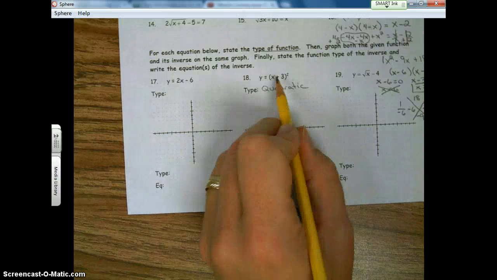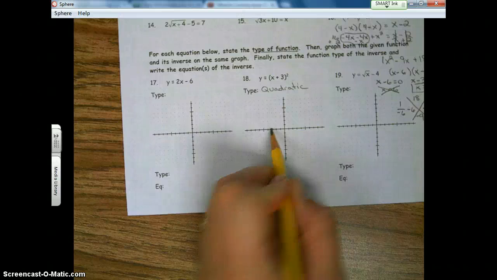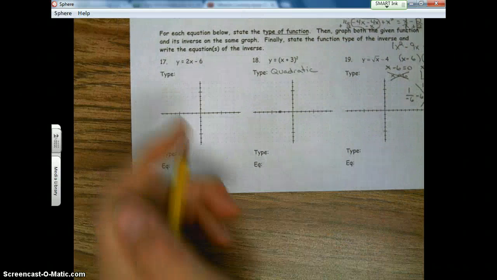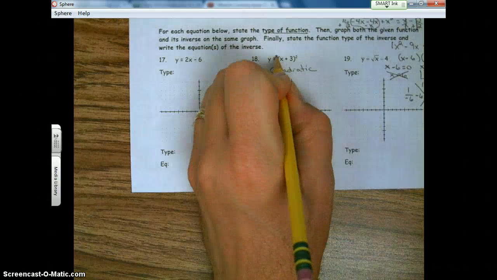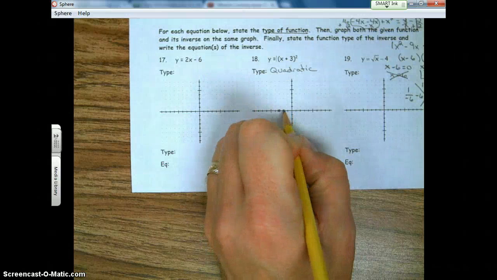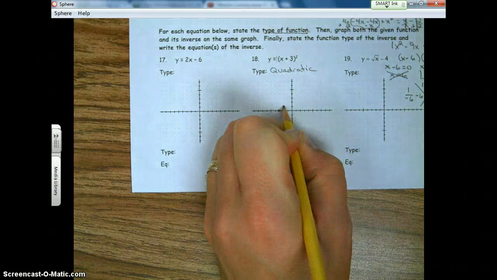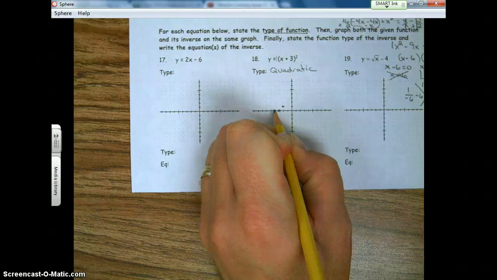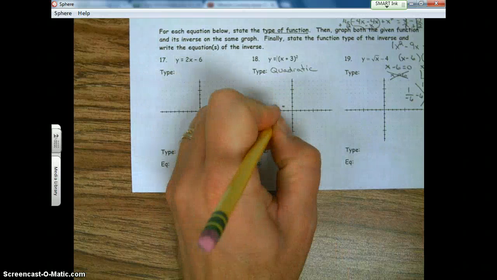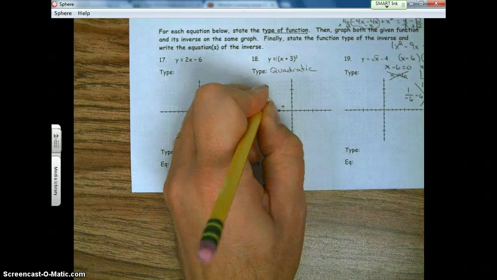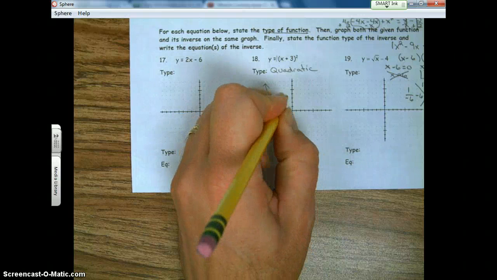So since it's quadratic, we'll call that special point the vertex. Now, remember the a value here is 1, so we're going to go over 1 and up 1. And that's going to give us enough points to make our quadratic.